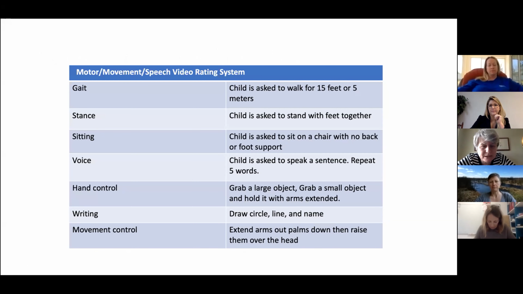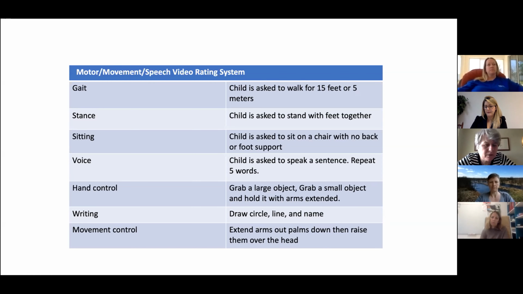It incorporates tasks that the kids do not have to do a lot of complex cooperative things with. It can be as simple as a child sitting, and as complicated as trying to write. At least with Tess and Colton, it looks like it's probably a helpful scale.